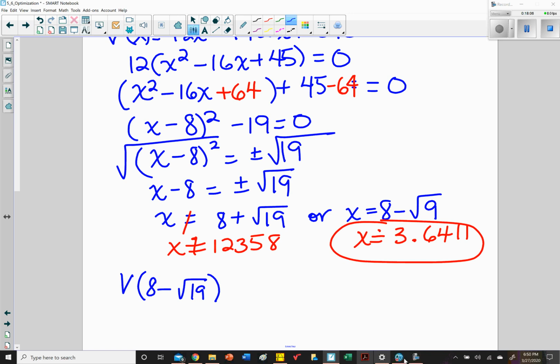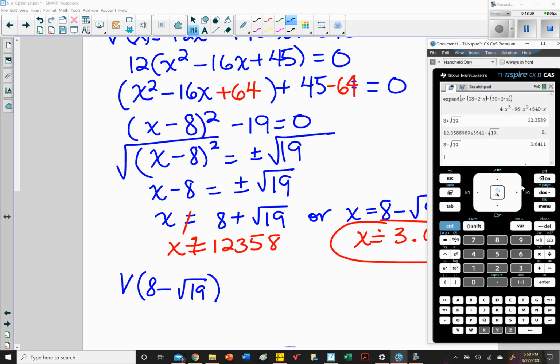And if we go back to the volume equation, I'm going to copy that, put that in the graph window, and evaluate that graph at 8 minus radical 19.